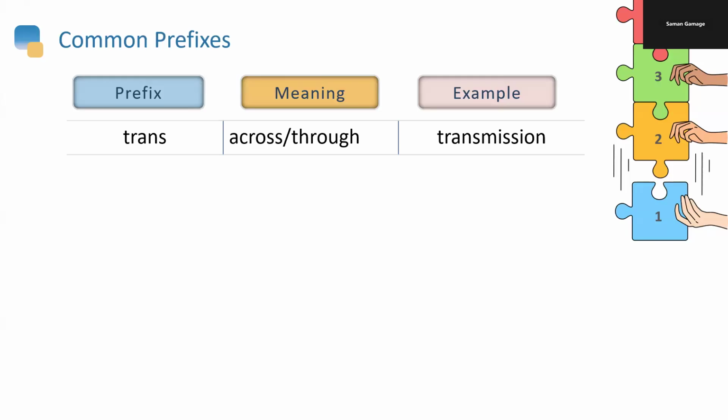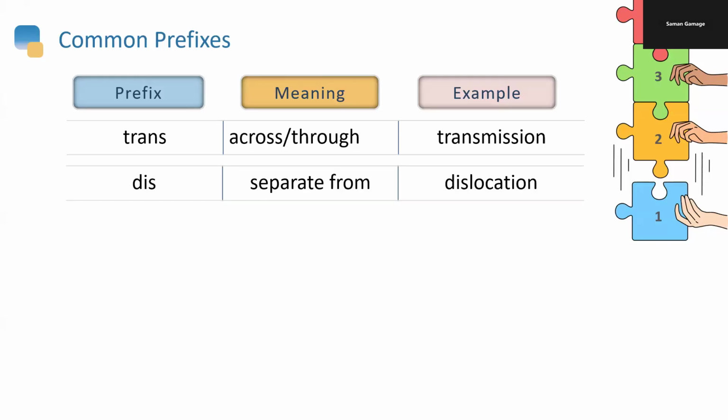Transmission. Dis means separate from. Dislocation, separate from the original location. For example, if a joint is dislocated, shoulder joint dislocation, the humerus is dislocated from the original position.